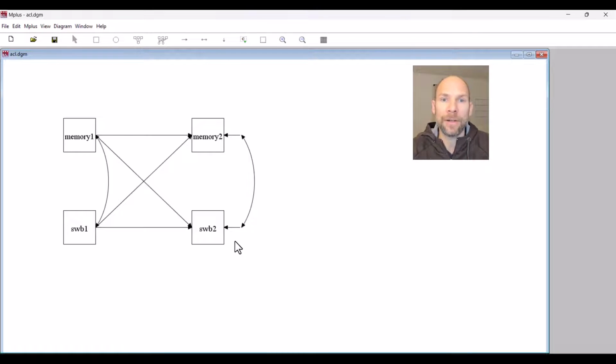So this is a way to check, so to say, that Mplus estimated the correct model, and then also to see what Mplus estimated by default in case you're not sure. Then it can be helpful sometimes to take a look at that path diagram as well.